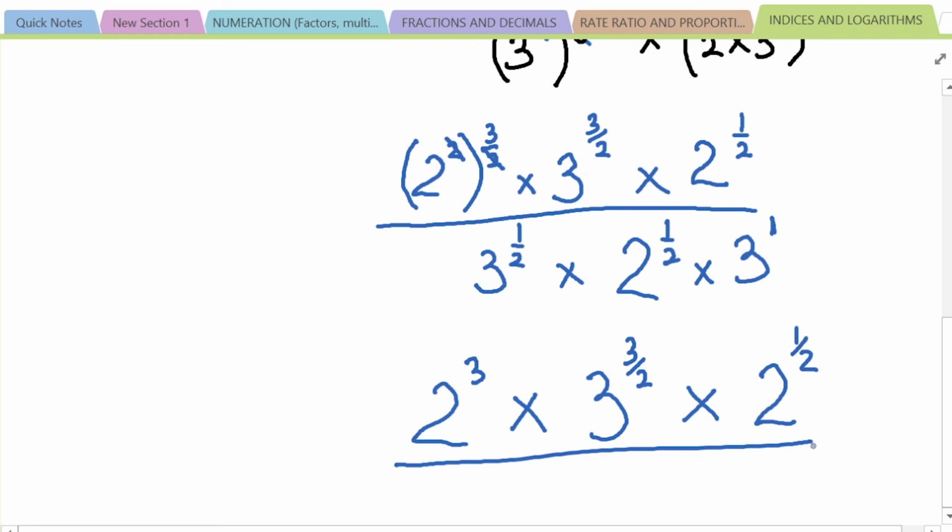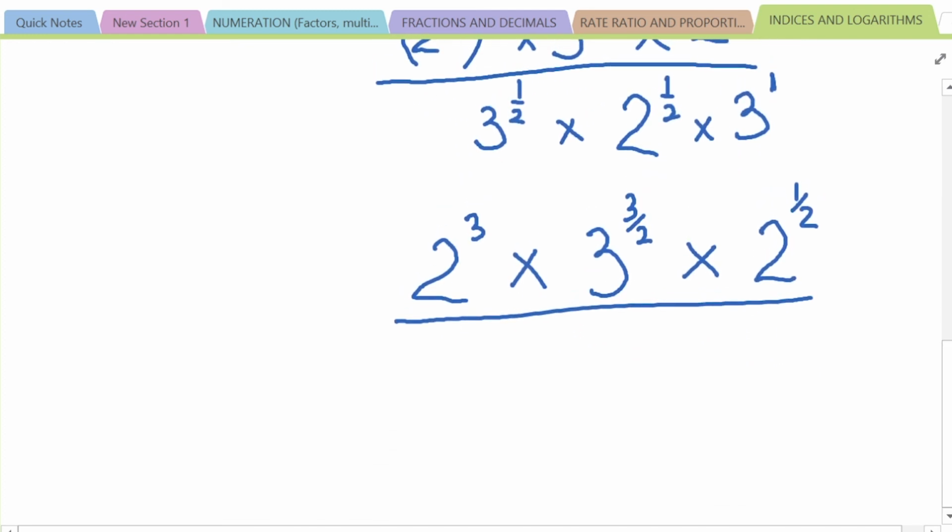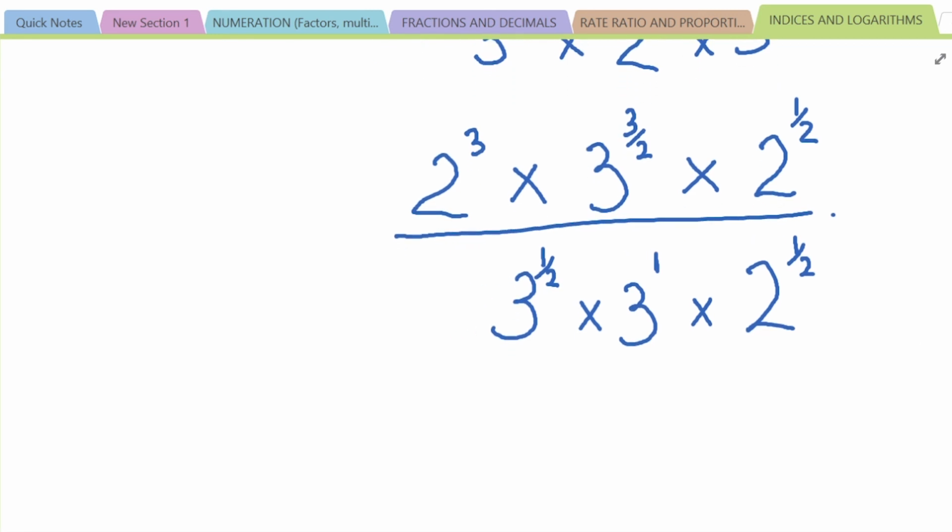Divide that by, of course, here we have 3 to the power a half and the rest. Let's combine like terms. We have 3 to the power a half. Multiply that by 3 to the power 1. Multiply that by 2 to the power a half, like that. So we continue. The top part is going to become 2 to the power 3.